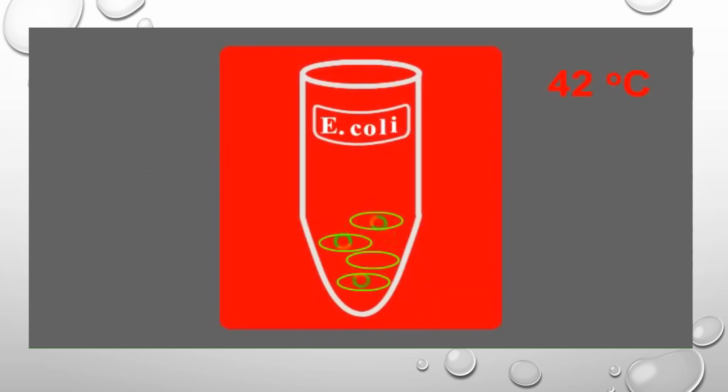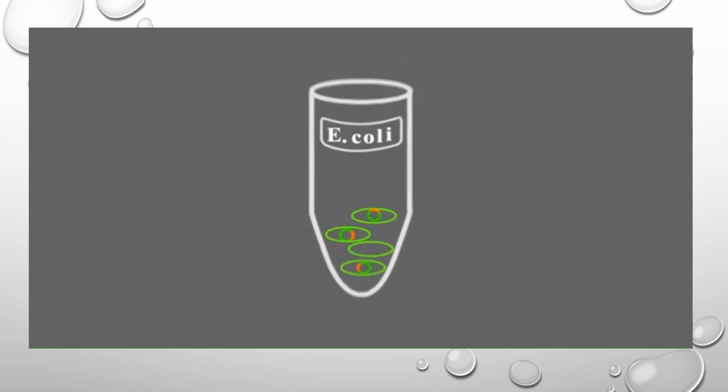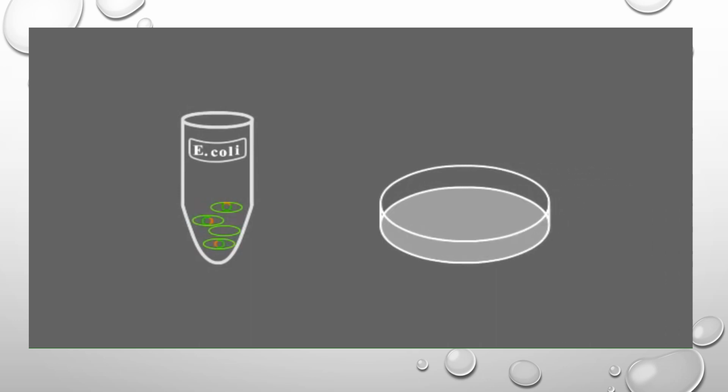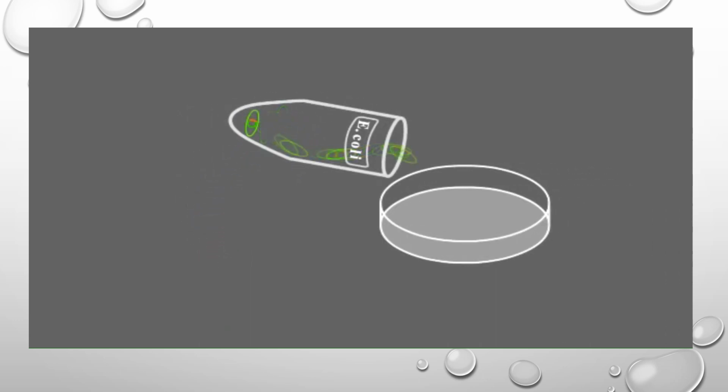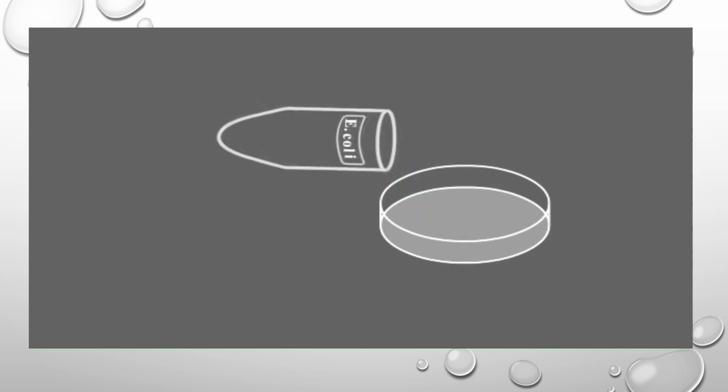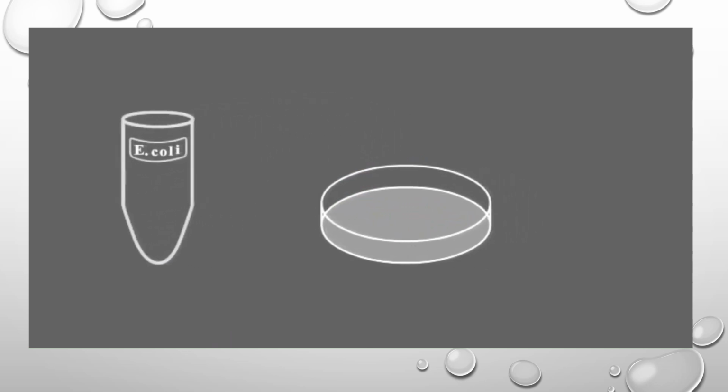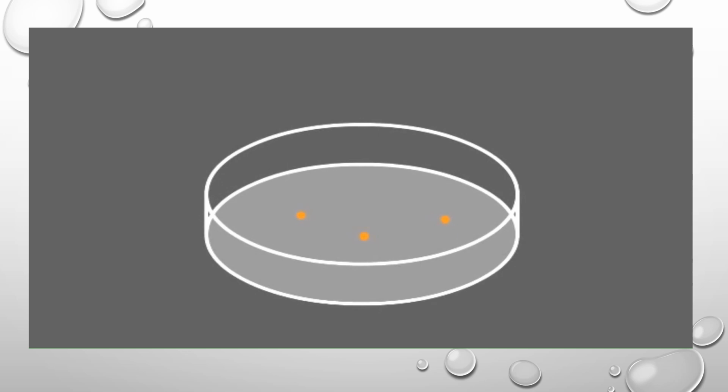A sudden change in temperature drives the DNA inside some of the E. coli cells. Then the cells are plated on a plate with growth medium, supplemented with a selective antibiotic. Only the cells that acquired the plasmid have resistance to the antibiotic and can grow on such a medium. After overnight incubation at 37 degrees, each transformed cell produces a colony of identical cells, oftentimes called a clone.